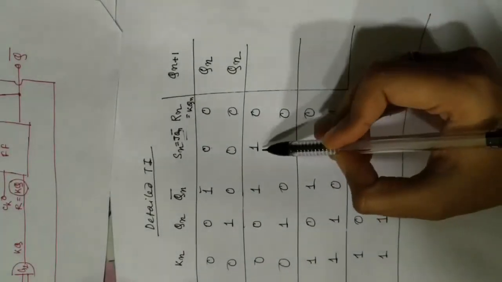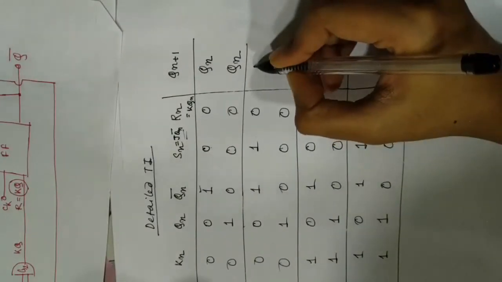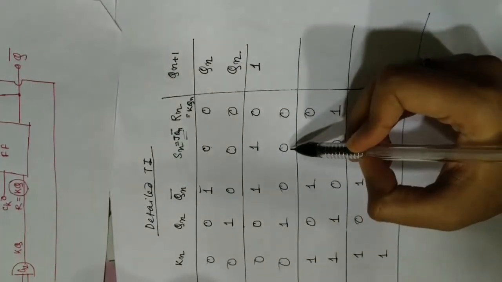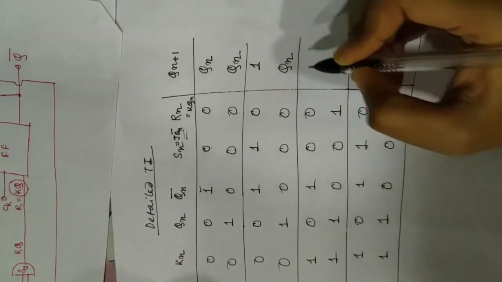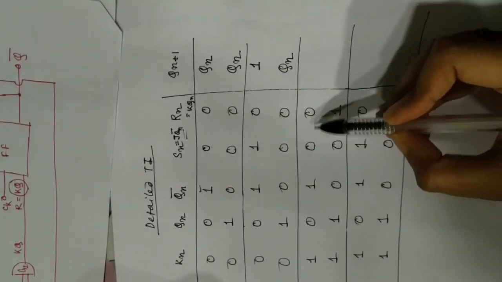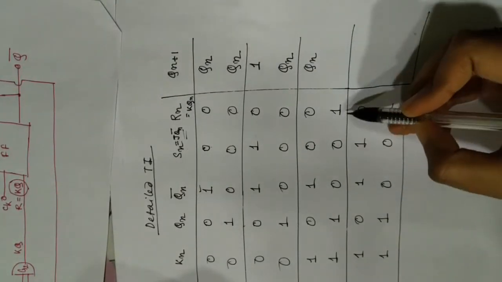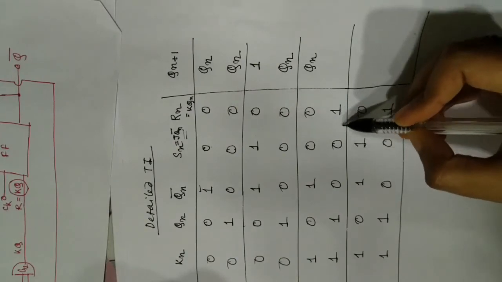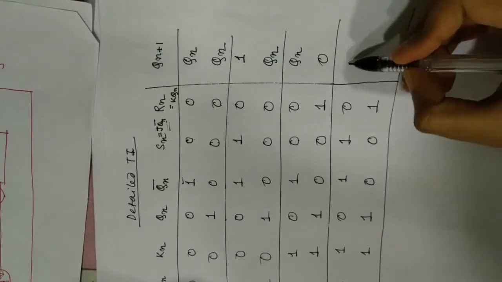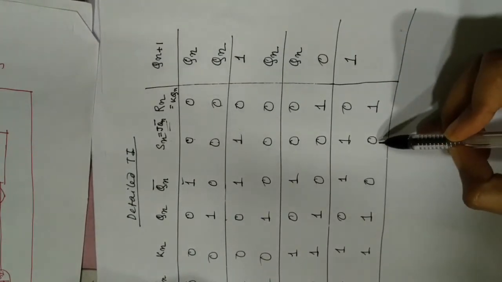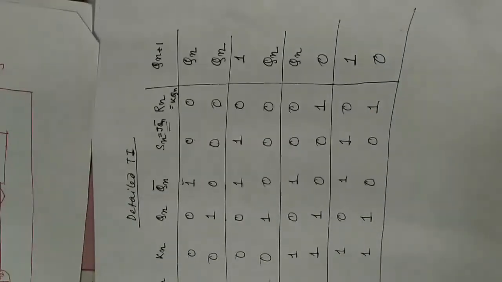When our S is equal to 1 and R is equal to 0, we know our output is equal to 1. Similarly, when S and R are both 0, we have a Qn over here. Over here we have S 0 and R 1, at that time we get a 0, right? Over here we have 1 and a 0, so we get 1 over here, and S equal to 0 and R equal to 1 means we get a 0 over here, right?